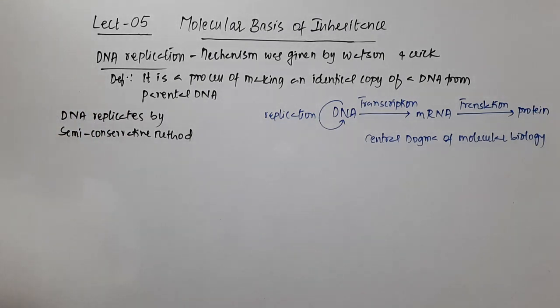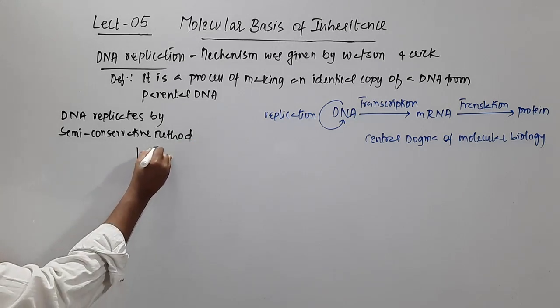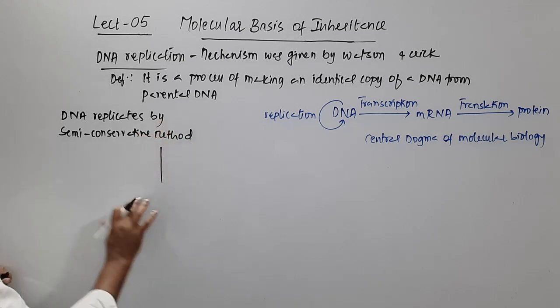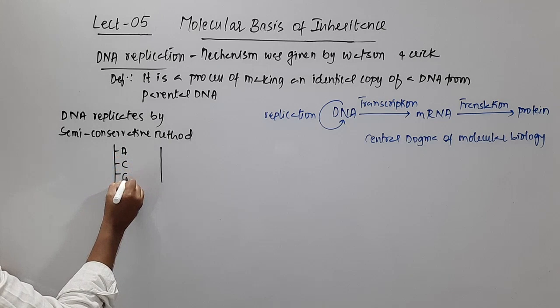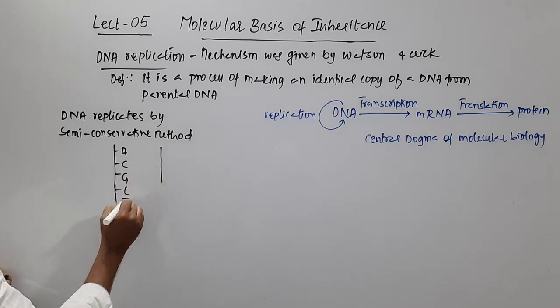Right? Now coming back, Watson and Crick suggested that DNA replicates by the semi-conservative method. So what do we mean by this semi-conservative method? Let us understand it first. So here I'm going to take a parental DNA with some bases.